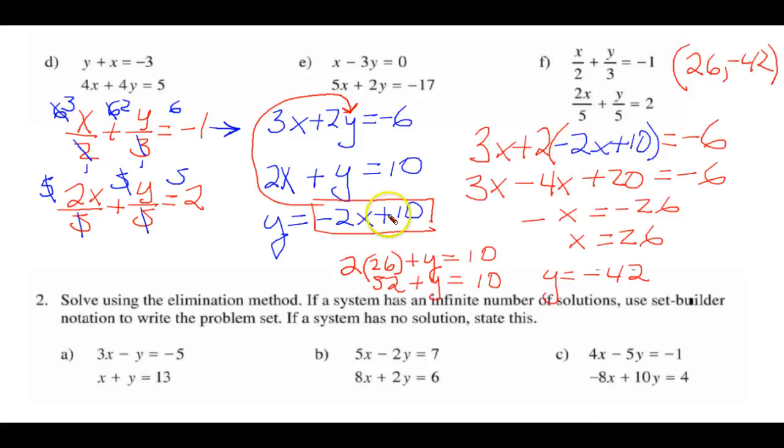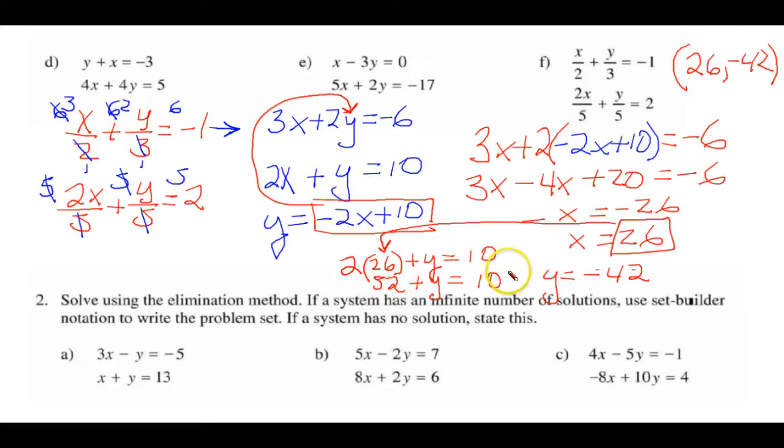So substituting what we have in the other equation, getting rid of our parentheses, combining like terms, we have a -x, transposing that, a -26, x equals 26, which is one of our members. Then taking this 26, putting it into one of the other equations, it's this one here, we get 2 times 26, 52.